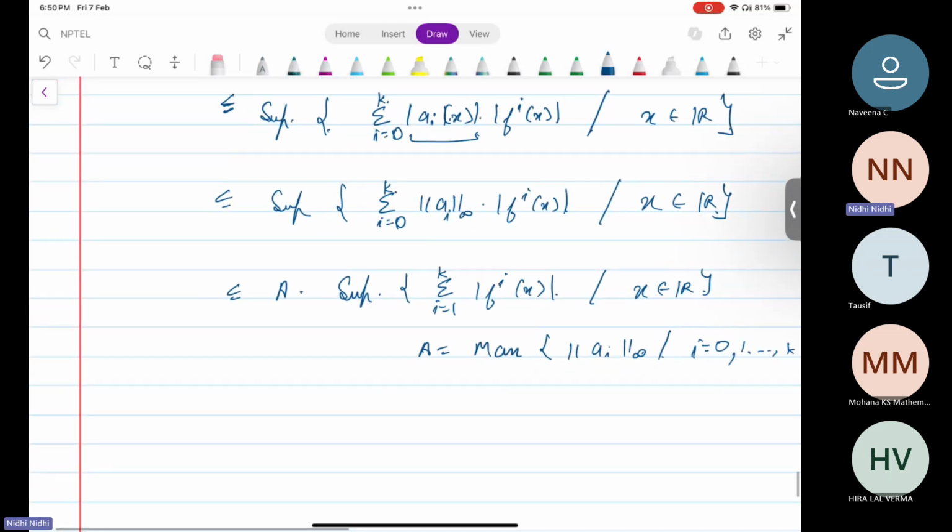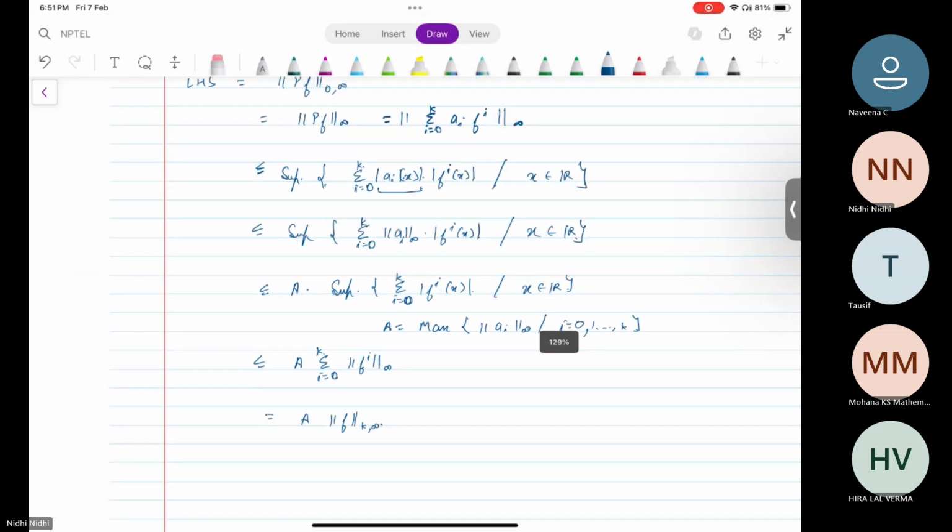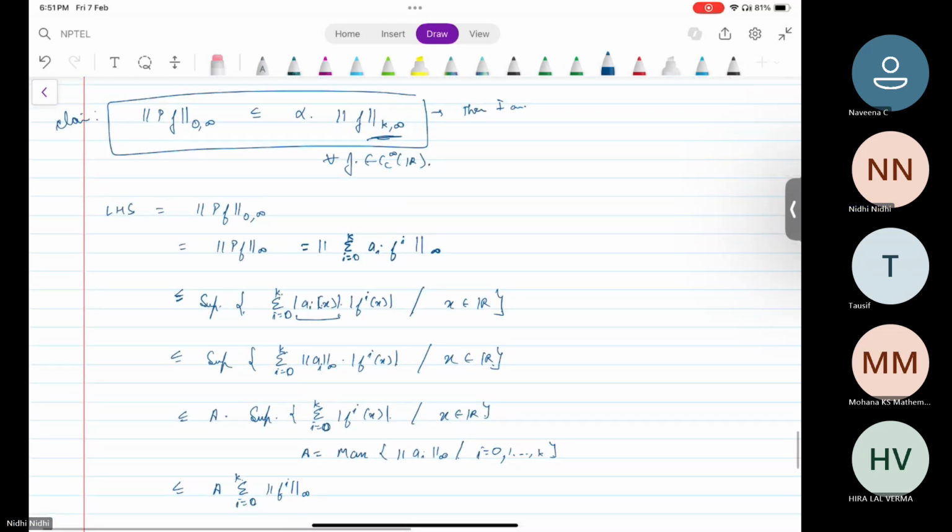Now this can be written as less than or equal to A times summation i from 1 to k of the supremum norm of fi, which is basically the K infinity norm of f. So this is what we wanted.